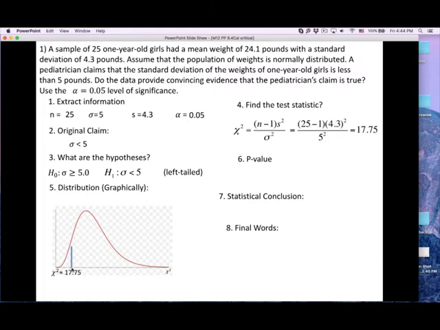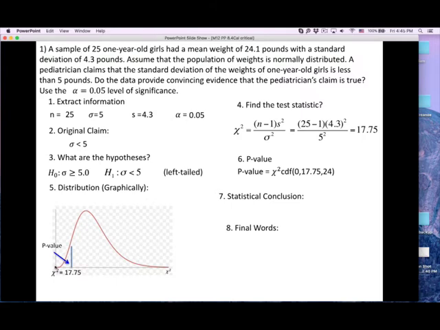Okay. Now we need to figure out what is our p-value. P-value will be the area of the left tail. Okay, we need to figure out what this one is, the area of the left tail. So we'll be using the chi-square CDF starting from 0.